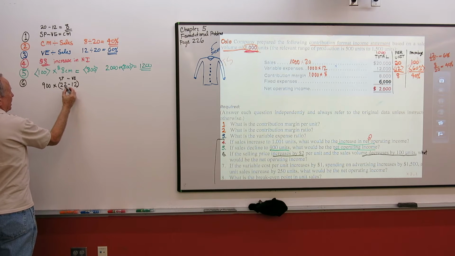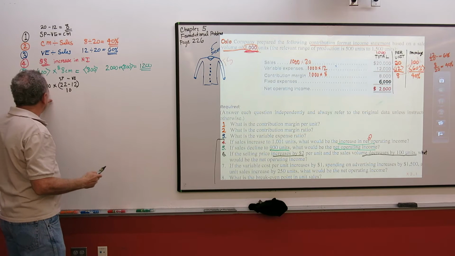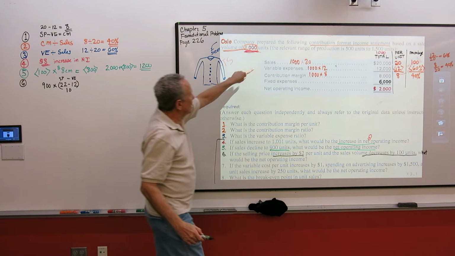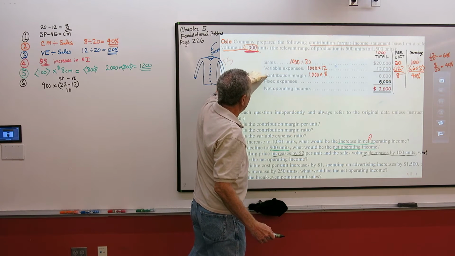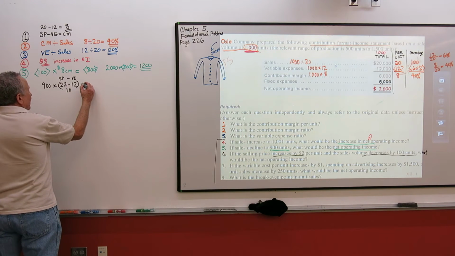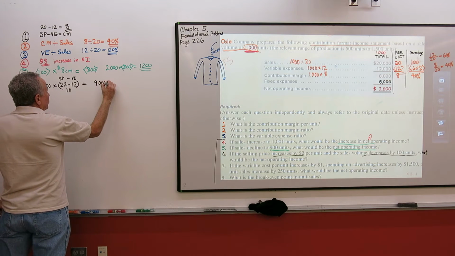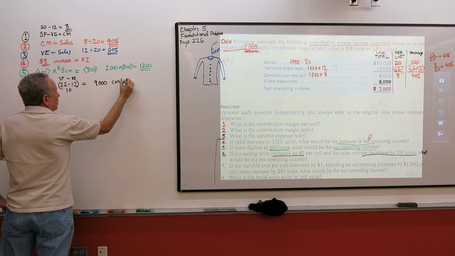And that's going to be $10. So this is contribution margin. I'm taking selling price minus variable. I'm just jumping to this because I want that contribution margin. So $10, that's 900 times 10. That's going to be $9,000 of contribution margin.